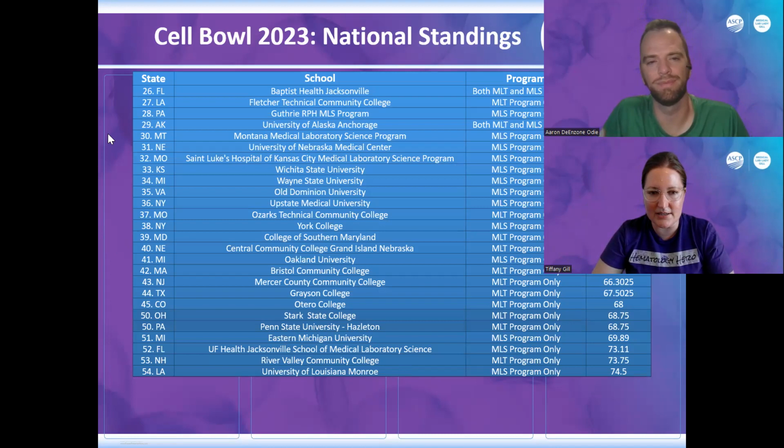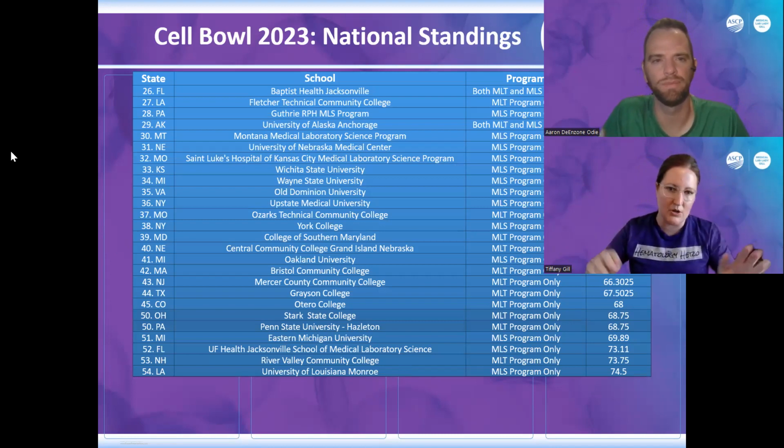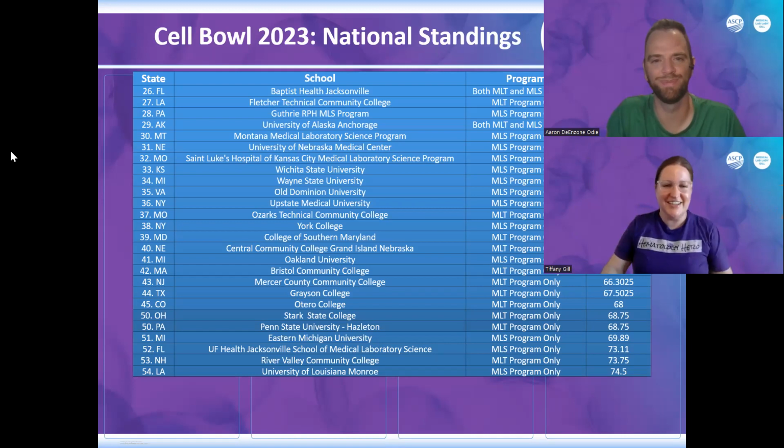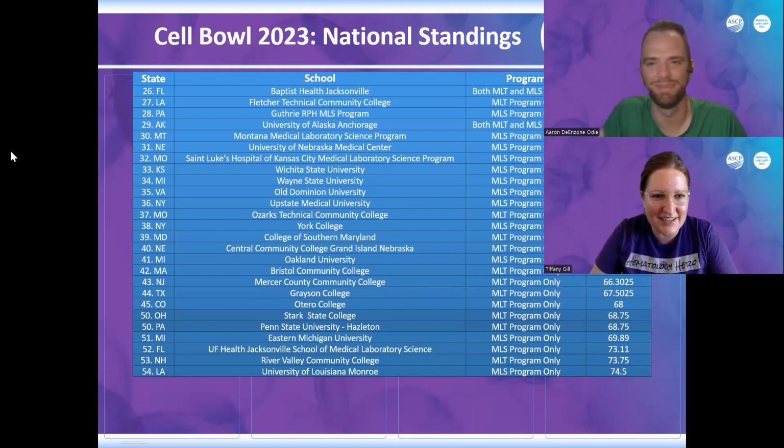And we've got all these different East and West teams really mixing it up. And I'm right under your college. So we've got College of Southern Maryland right in at 39 out of 65, and York at 38 out of 65.